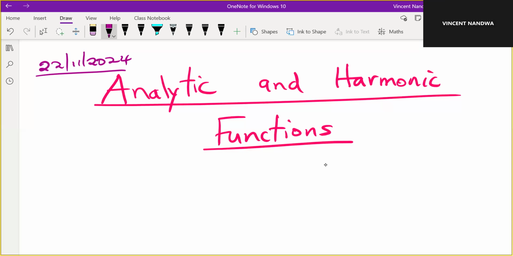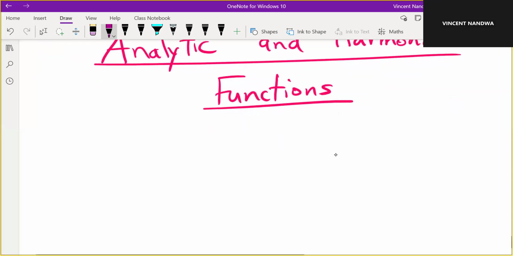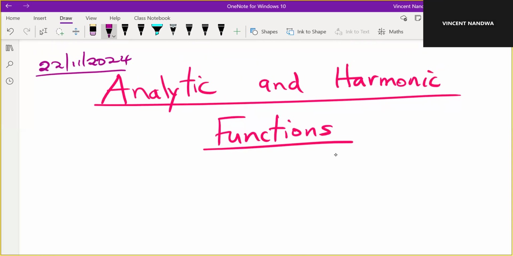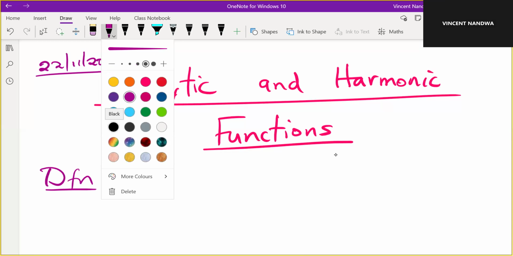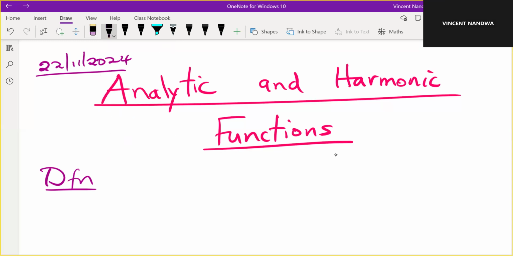Is what I'm writing on the whiteboard visible from your end? Please participate so that I know if there's a problem or not. Are you able to see what I'm writing?